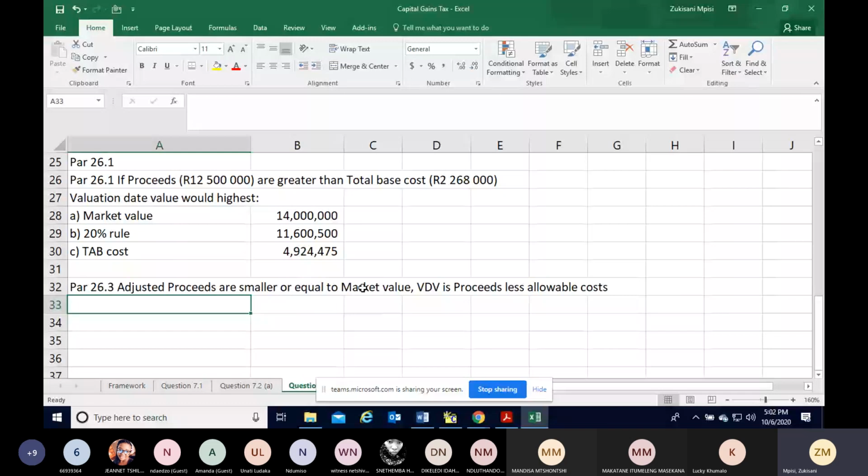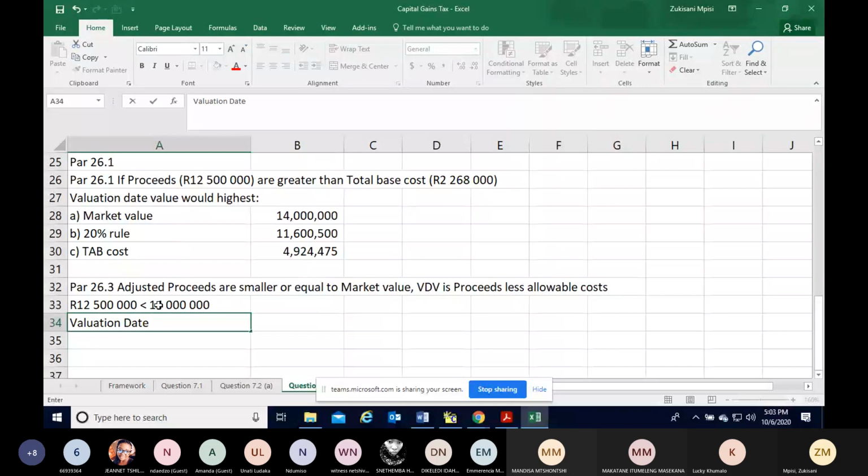So what does this mean in this case in simple words? It means if proceeds of 12,500,000 are smaller or equal to the market value of 14 million, then the valuation date value will be equal to proceeds.